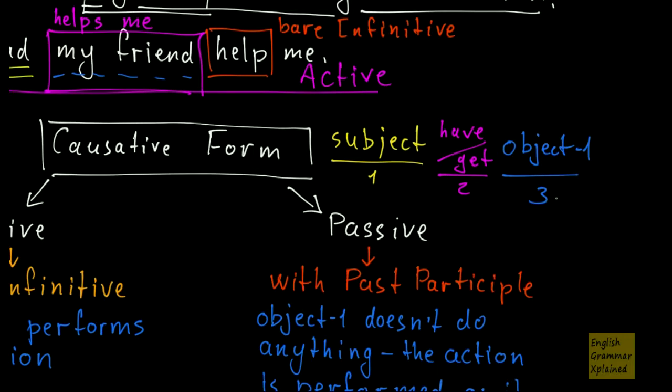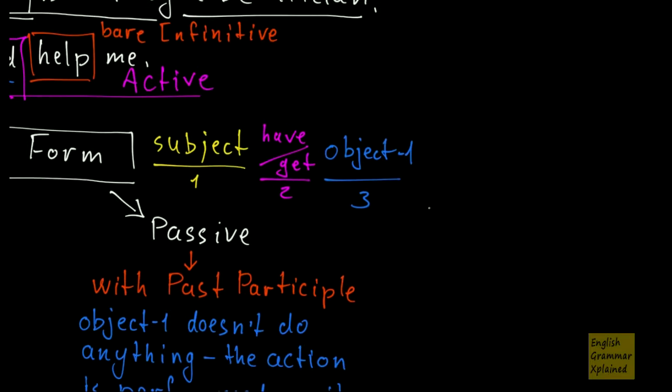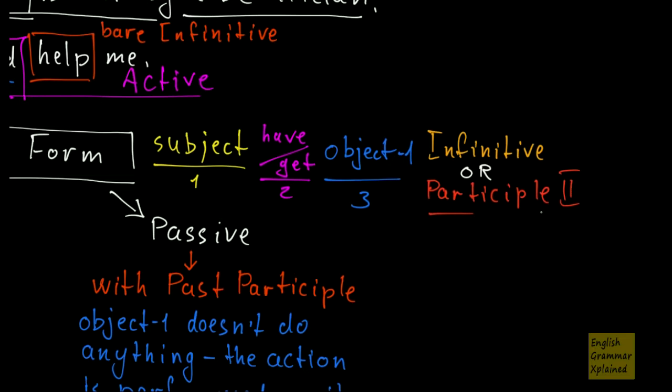That's the third position. And then we can have an infinitive or participle. And that's the fourth position. So, the main difference between causative form and regular complex object is about its main verb. So, if you see have or get in your complex object, you have causative form.